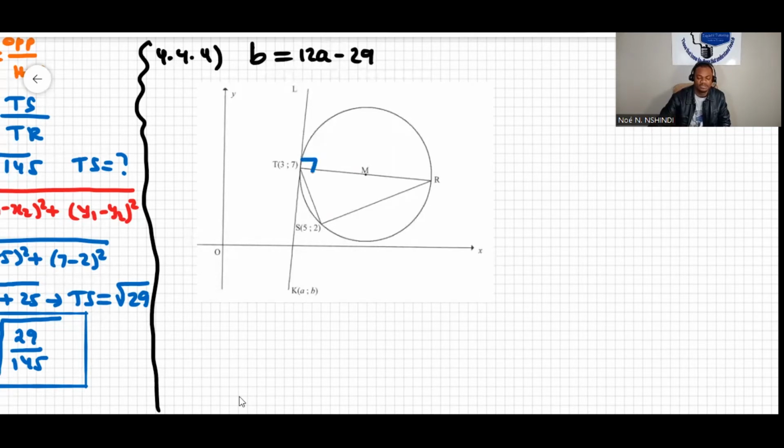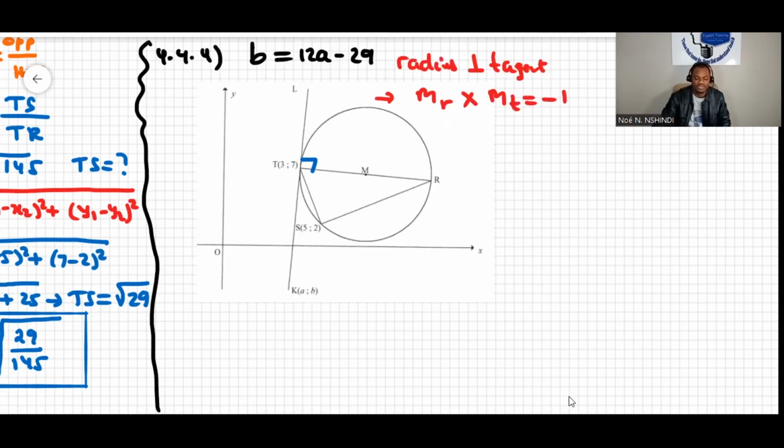First I'll say this: the radius is perpendicular to the tangent. The radius of the circle is perpendicular to the tangent to that same circle, and this implies that the gradient of the radius times the gradient of the tangent equals -1.